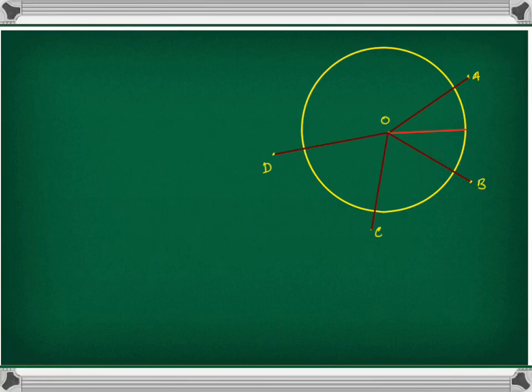So the length of OA is greater than OX. Okay, OX. So the length of OA is greater than the length of OX. So those points are called exterior points.